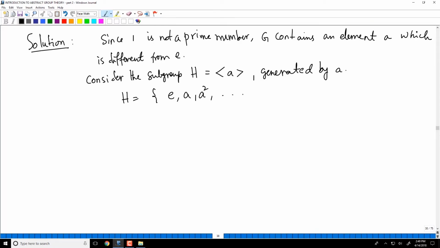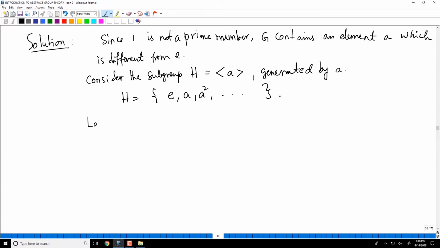And because it's a finite group, it will stop somewhere, and inverses of A will also be included in this. So I'm not going to write A power minus 1 and so on, because some positive integer power of A will be equal to A power minus 1.